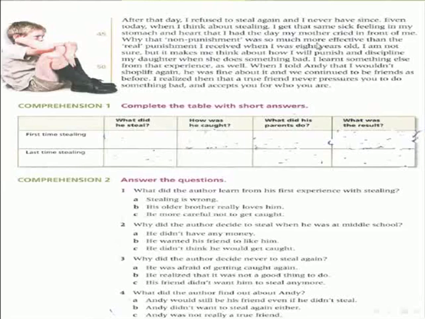Non-punishment was so much more effective than the real punishment I received when I was 8 years old. I'm not sure, but it makes me think about how I will punish and discipline my daughter when she does something bad. I learned something else from that experience as well.